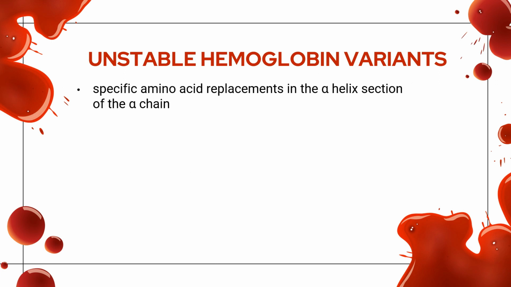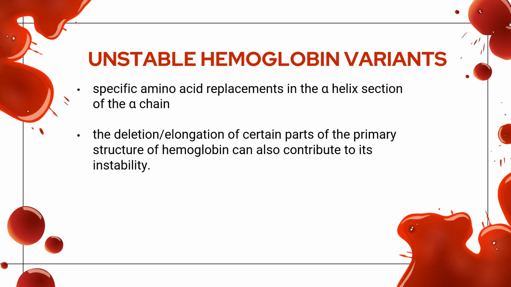Additionally, specific amino acid replacements in the alpha helix section of the alpha chain or the deletion or elongation of certain parts of the primary structure of hemoglobin can also contribute to its instability. It's truly remarkable how our genetic code can lead to such intricate variations.